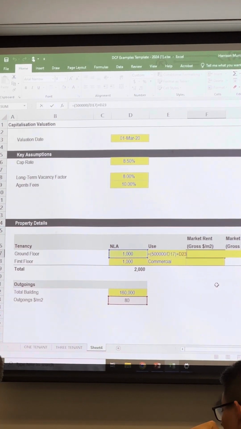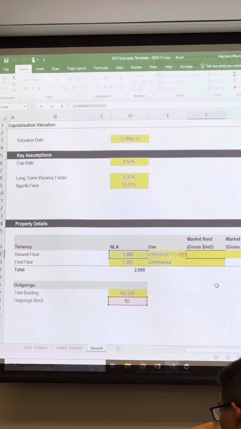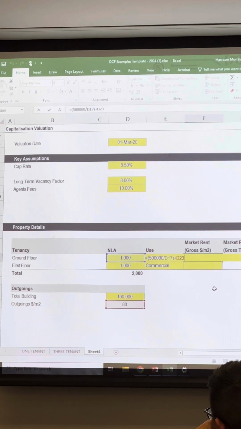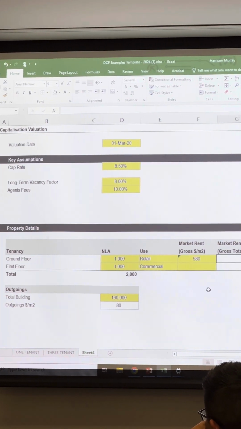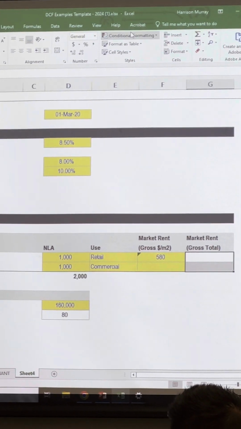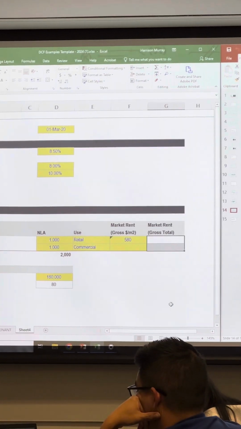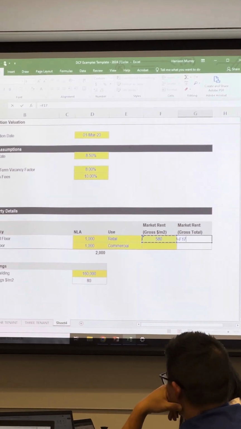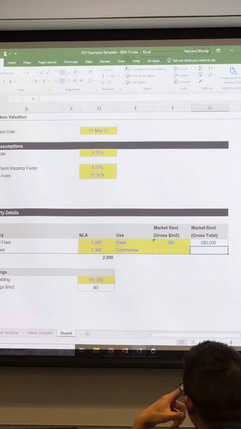So have we got that? Yeah. So then the same thing, you can format that as a calculation number, so that your market gross rental then is just going to be that 580 times the 1,000 square metres.